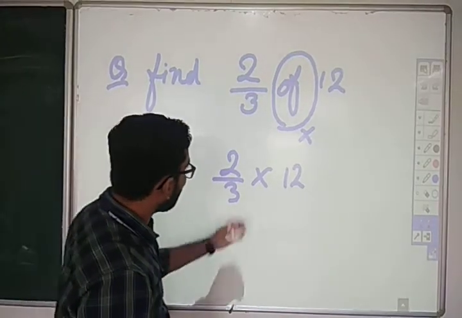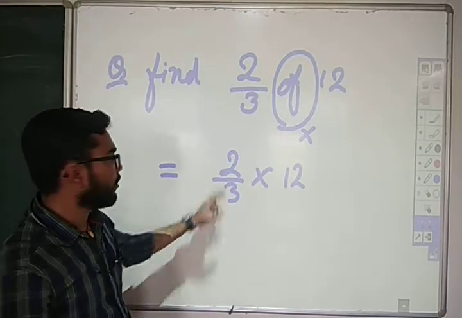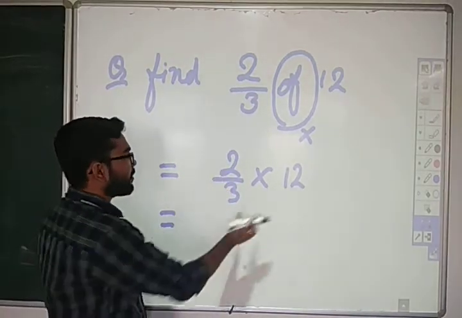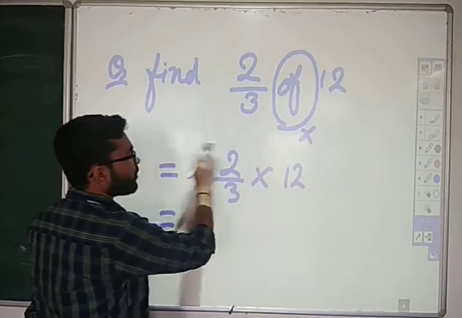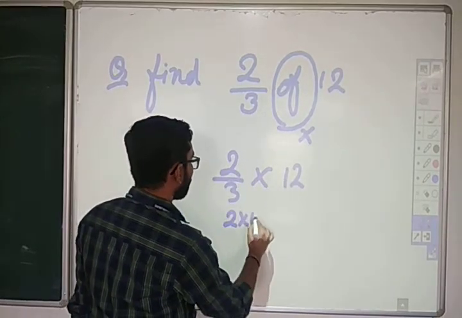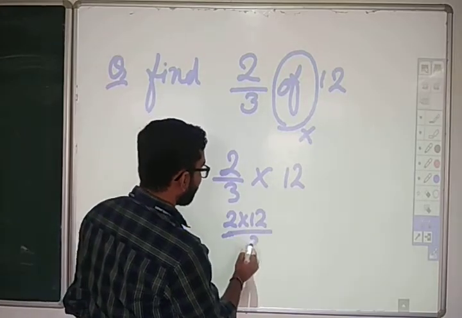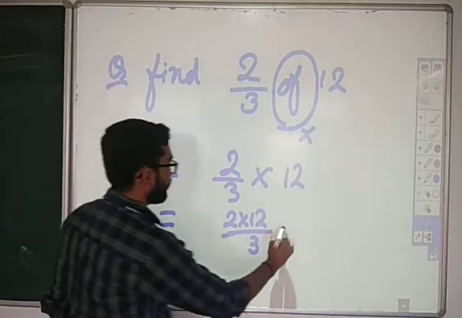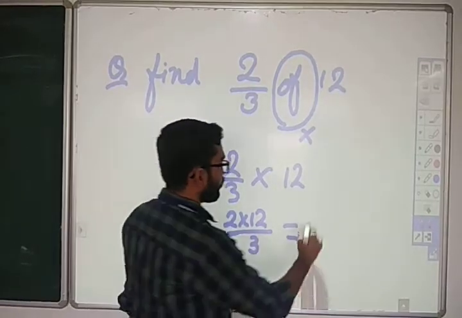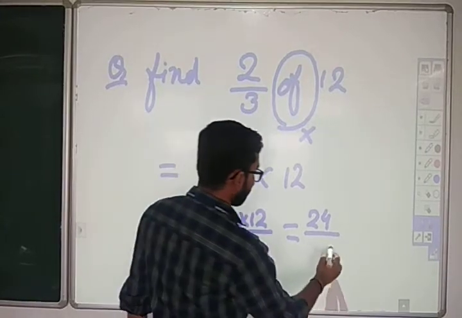You just multiply the whole number 12 with the numerator 2, and the denominator will be the same. So 2 into 12 is equal to 24, and the denominator is 3.